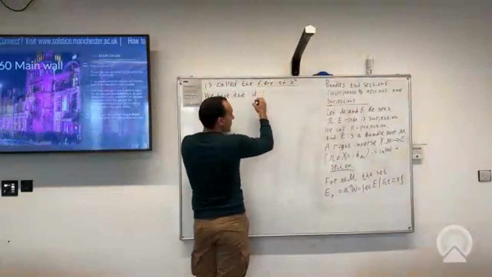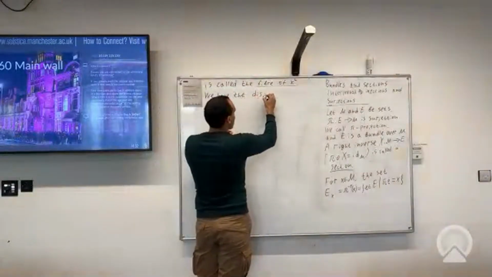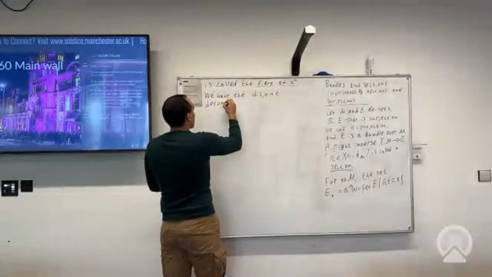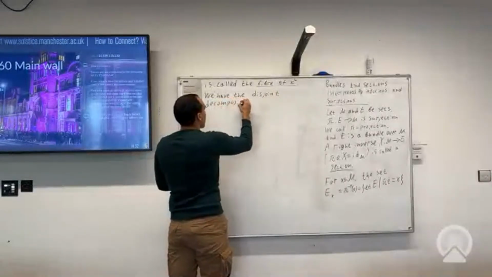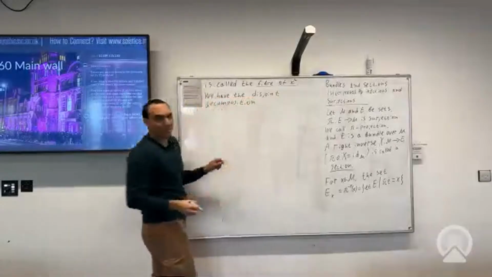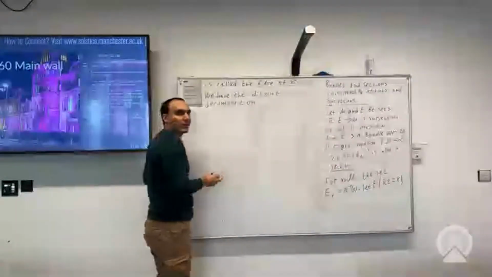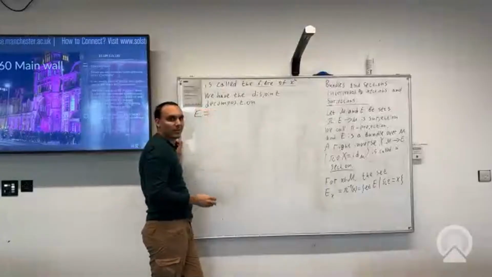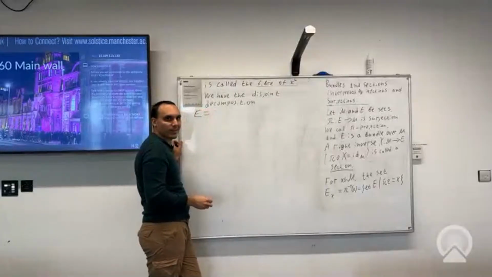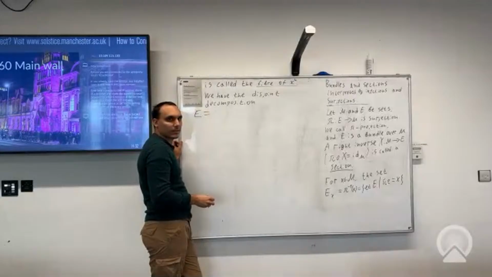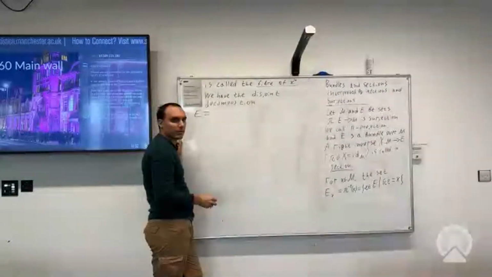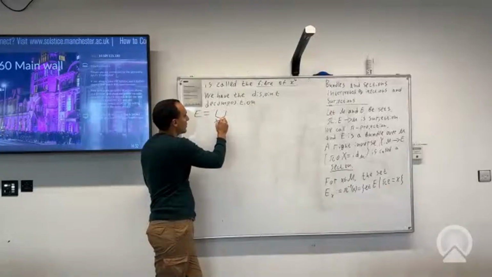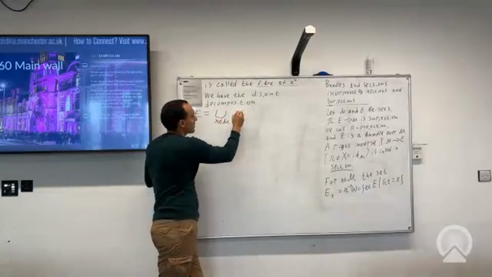Disjoint, so all the sets will be different. The decomposition of E is the disjoint union of P inverse of x.